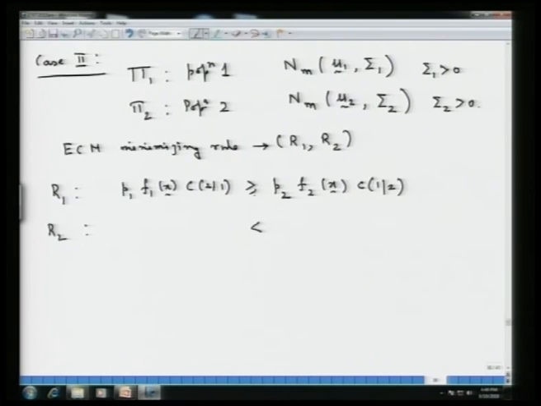Since we have a continuous distribution, it does not matter which side we look at the equality. So, we have this as the classification rule.